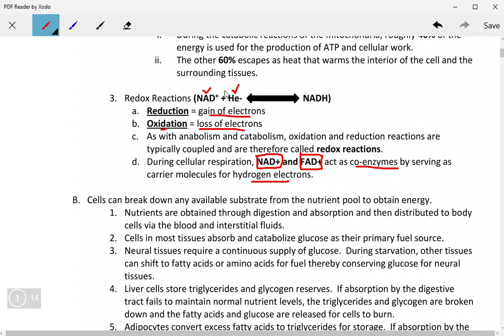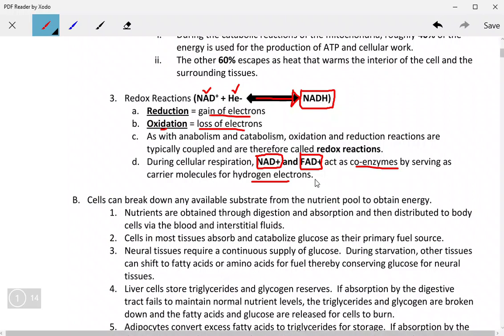Notice here, when the hydrogen electron combines with this coenzyme NAD+, it provides you with the reduced form of NAD+, which is NADH. So NADH has been formed by the reduction process. Are you following? Where you added an electron. So NADH is basically the form that gained a hydrogen electron.